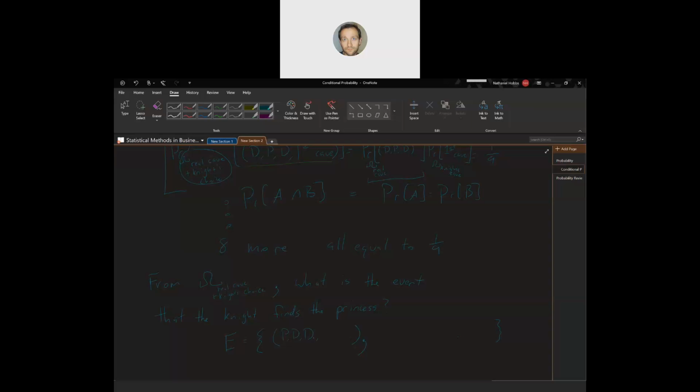Yeah, okay, and then which cave does the knight choose? First cave, great. Can you give me just one more event that works for this?